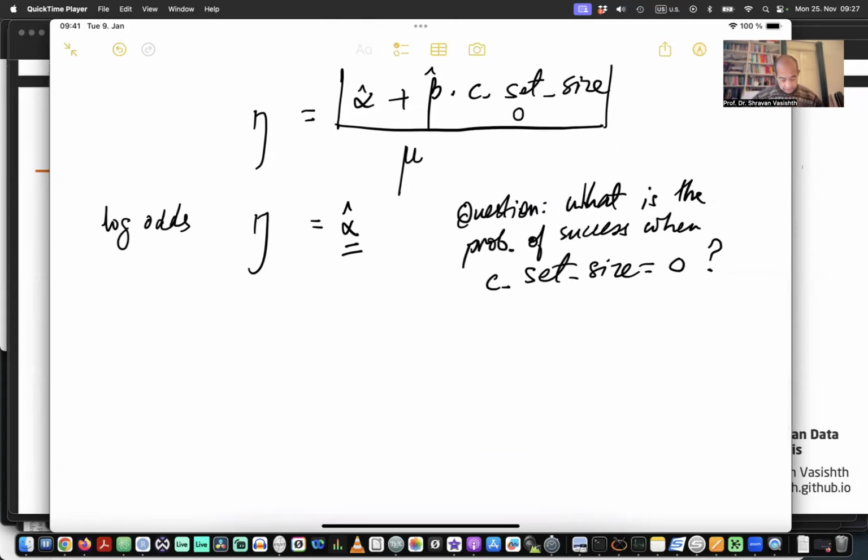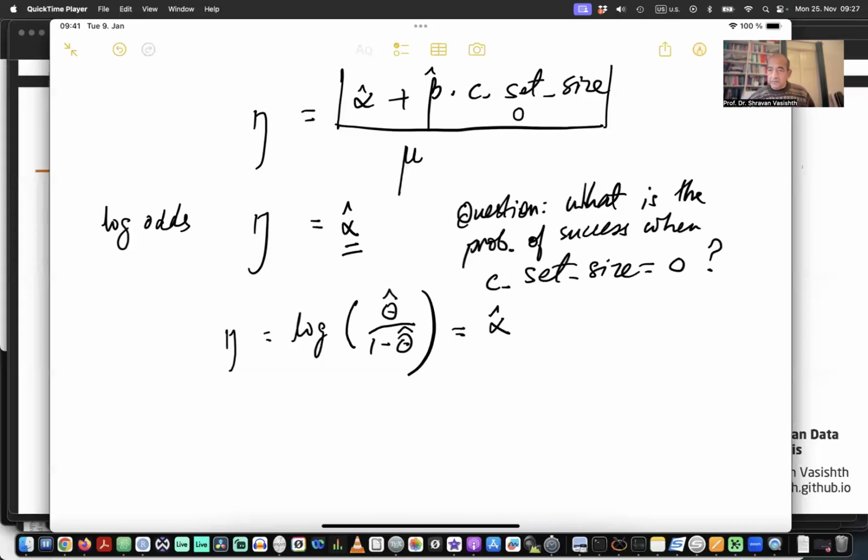So if you think about it, this log odds value is log of theta over 1 minus theta. Here, when I'm using theta, I'm referring to the estimated probability of success when the centered set size is 0. And that is estimated to be alpha.